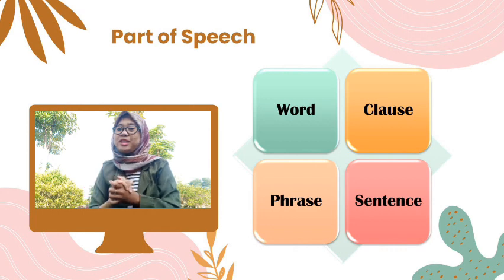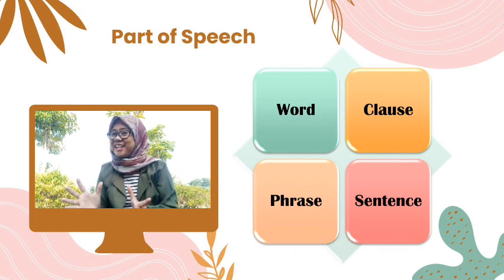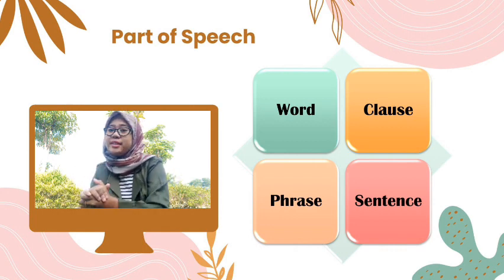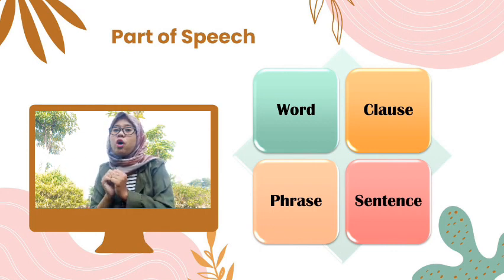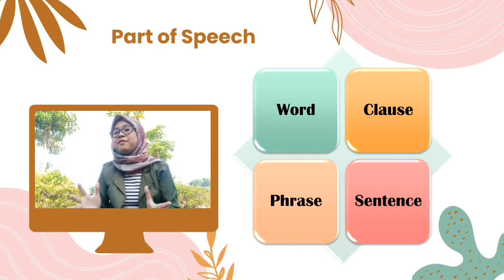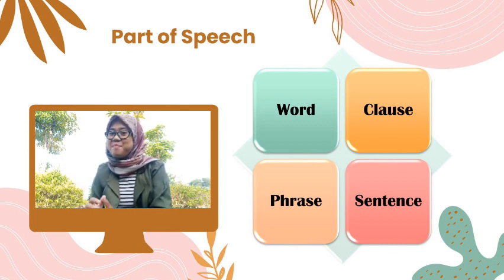Here we have the word, phrase, clause, and sentence. Words are the smallest unit of a language that can stand alone. They are the easiest constituents of a text to identify. A phrase is a combination of two or more words, or a group of words, that may have nouns or verbals, but doesn't have a subject doing a verb.